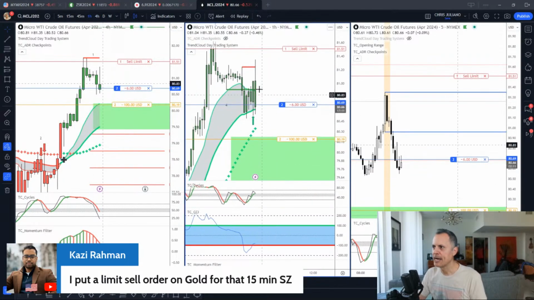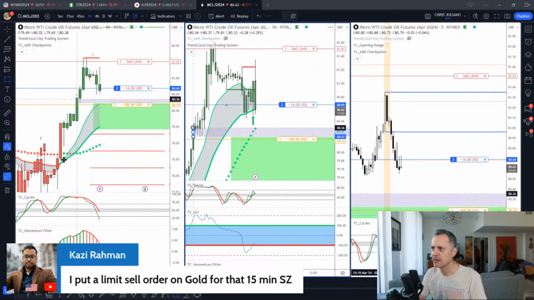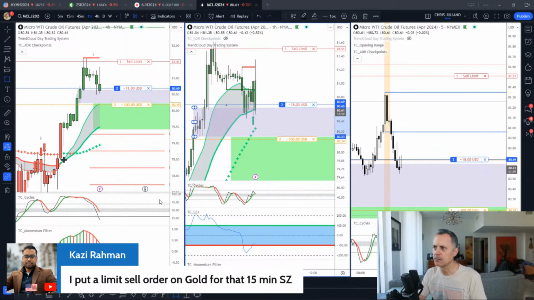And on the 1-hour chart, well, we're inside of this right here. That's an area of imbalance, right? We're inside of that 1-hour demand zone.